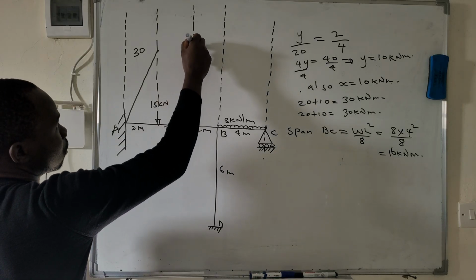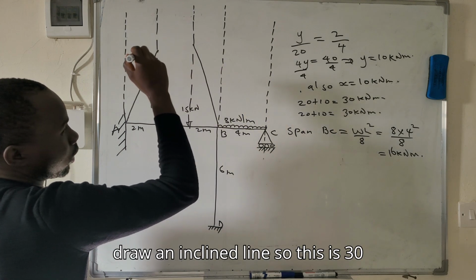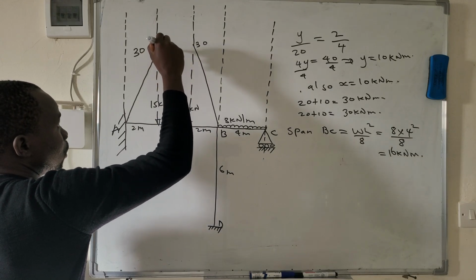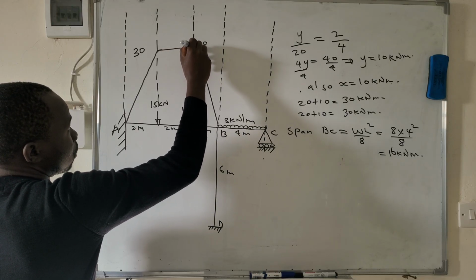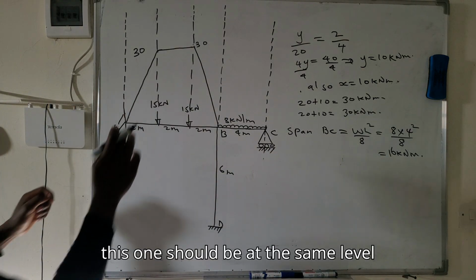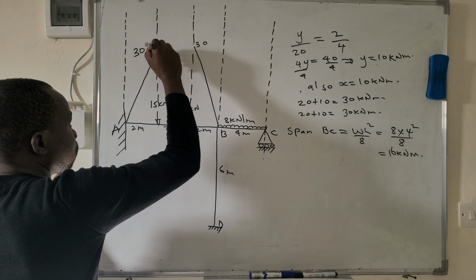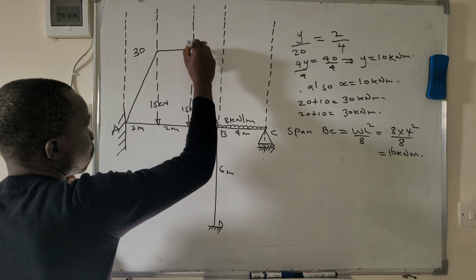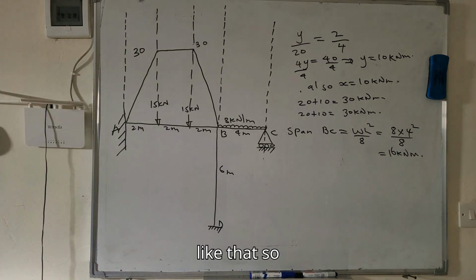Again, we approximate and draw an inclined line. So this is 30. At this point, we'll join a straight line. So that is our first. This one should be at the same level, like that.